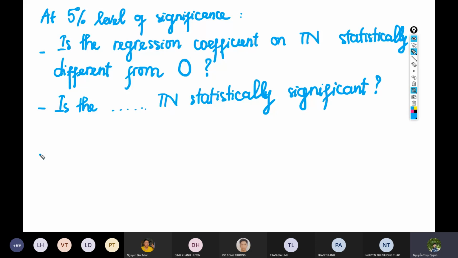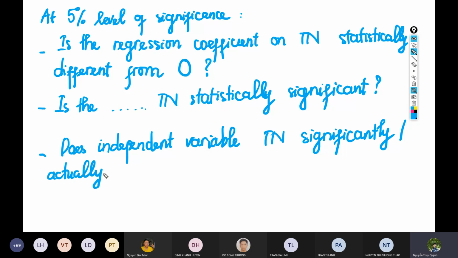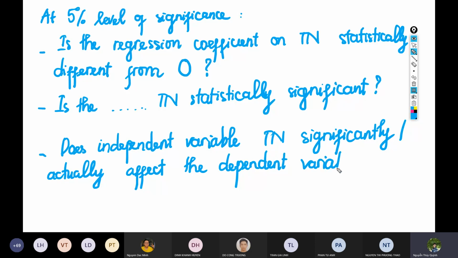I can also ask that, at 5% level of significance, does the independent variable Tn significantly affect the dependent variable Ct?